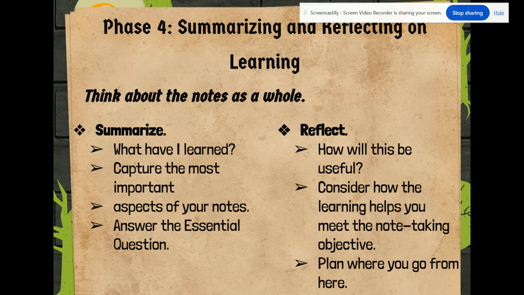Did you answer the essential question? Okay, and you're also going to reflect. How was this useful? Was it useful to me to know this for the stuff that I need to know coming up? And you're going to plan from where you go from here.